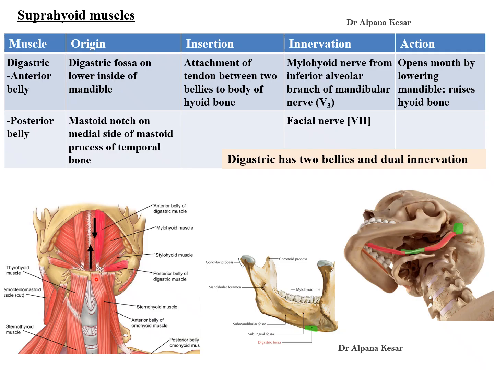This pulley is attached to the body of the hyoid bone. When the muscle contracts, it pulls the body of the mandible downwards, thus helping in the opening of the mouth. This muscle also helps to elevate the hyoid bone.